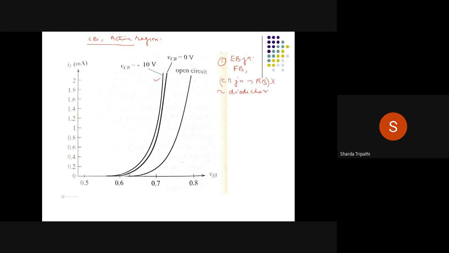So as you increase the voltage, until some time the current does not increase much, but once you exceed the cut-in voltage, then the current increases and the voltage drop across the junction nearly remains constant. So this transistor emitter base junction, when forward biased, is going to behave more or less like that of the diode characteristics in the forward bias region. So this is our first observation.